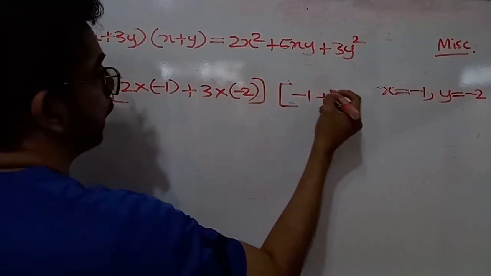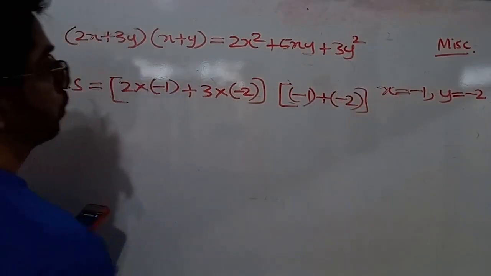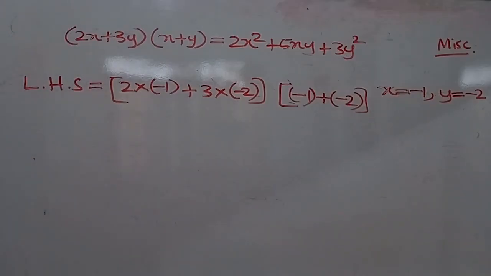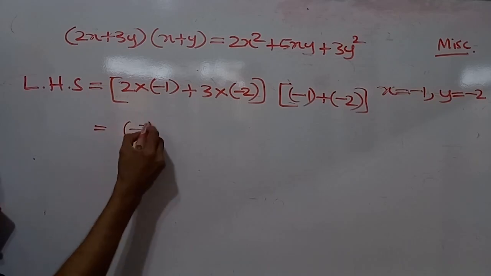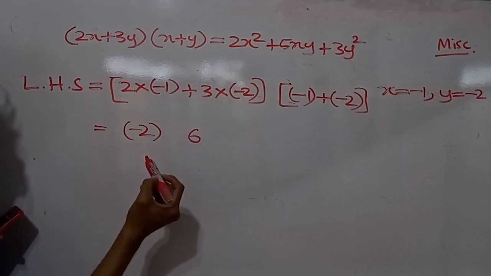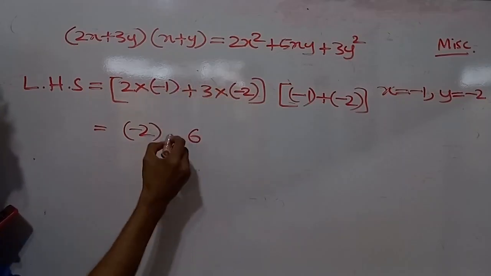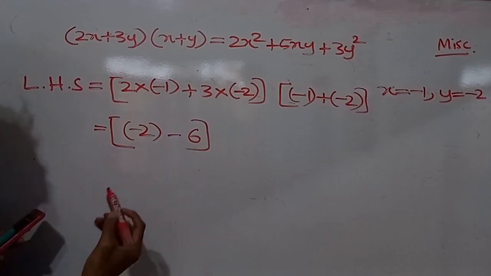Then negative 1 plus negative 2. Right? Okay. So here, this is what? 2 into 1, we know that's a 2. That's a negative 2. Right? So 3 into 2, we know that's a 6, but positive into negative, that is negative. Right? Okay.